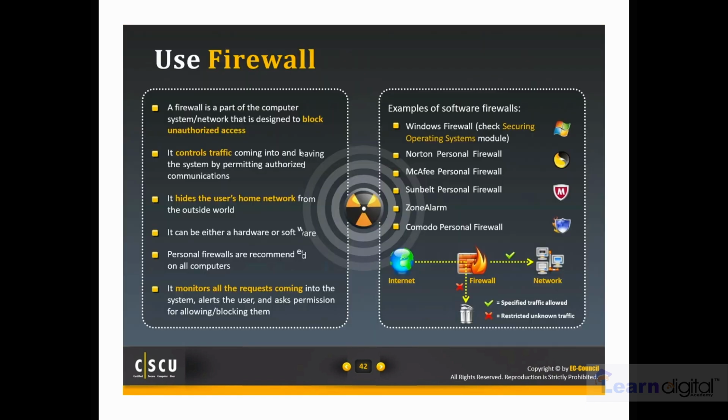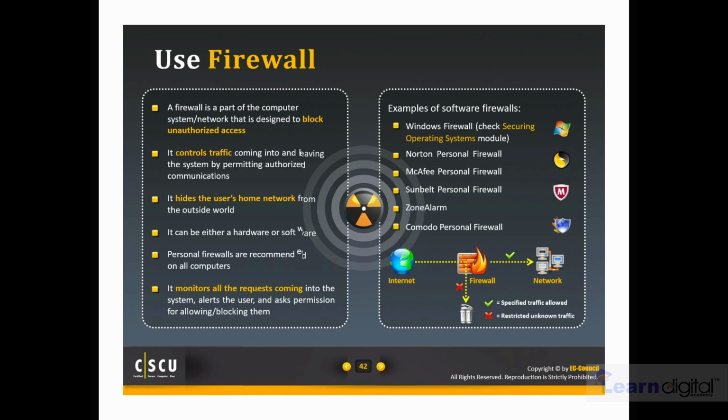So next is how you can secure your network connections. You can use a firewall as software or maybe as hardware. The firewall is a part of the computer network system that is designed to block unauthorized access. It controls traffic incoming into and leaving the system by permitting authorized communications, and it will hide the user's home network from the outside world.